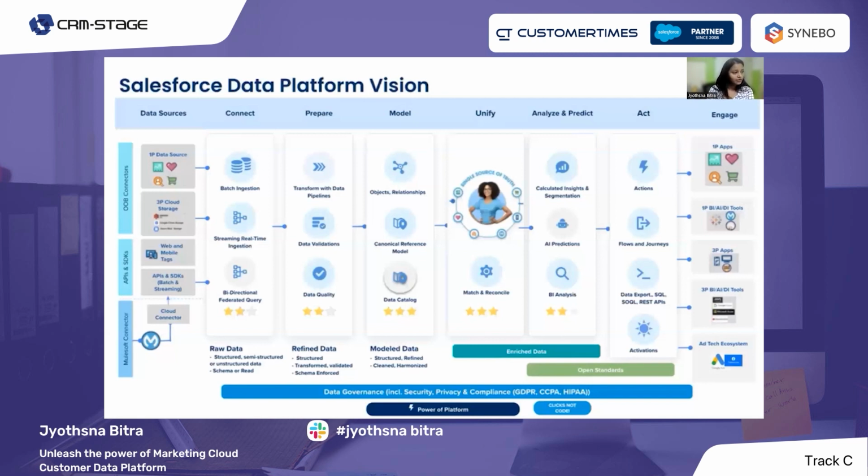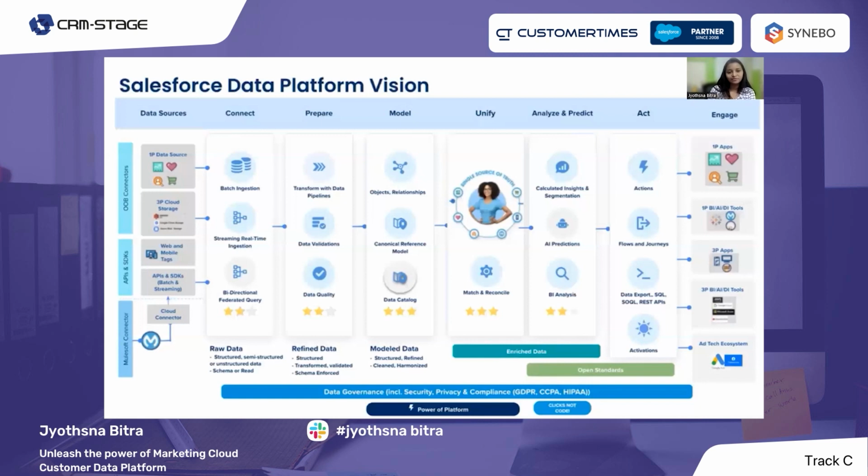And we use the match and reconciliation rules to unify all the data from different systems and create a unified profile of that single customer. And later on the prepared data, unified data, using the unified profile of the single customer, we can create some calculated insights and segments, which can also further be enhanced with AI predictions and BI analytics.